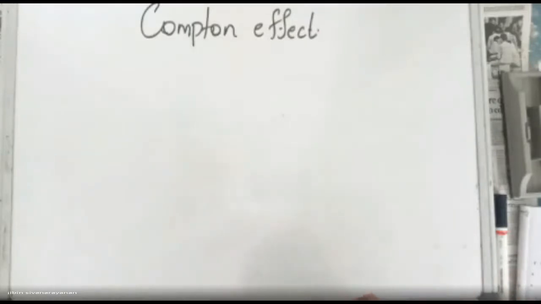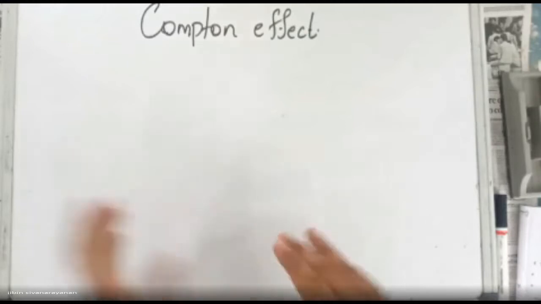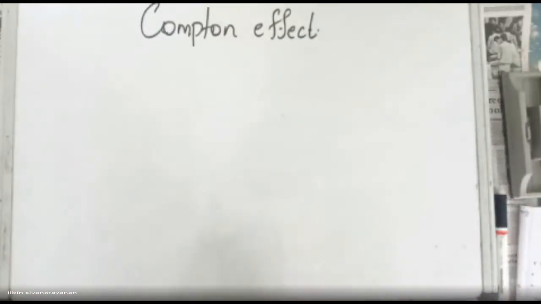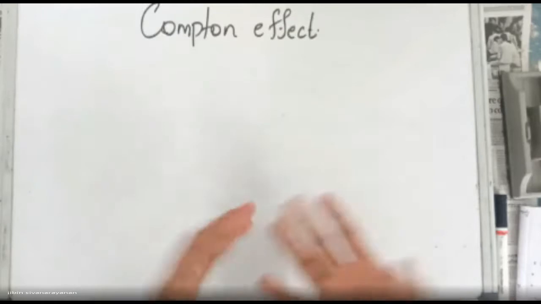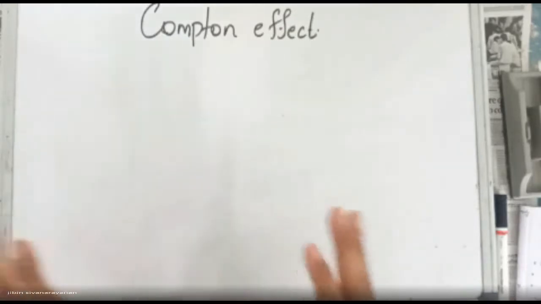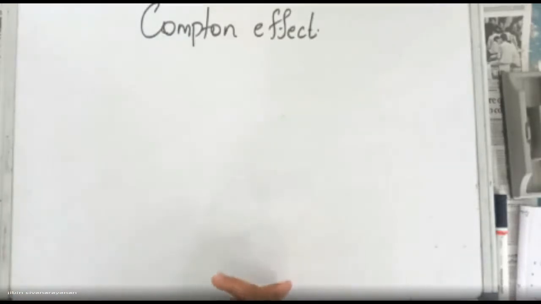After scattering from a surface, the scattered light may have lower energy than the incident one, or higher wavelength than the incident one. That phenomenon was defined by Compton and is called the Compton effect.